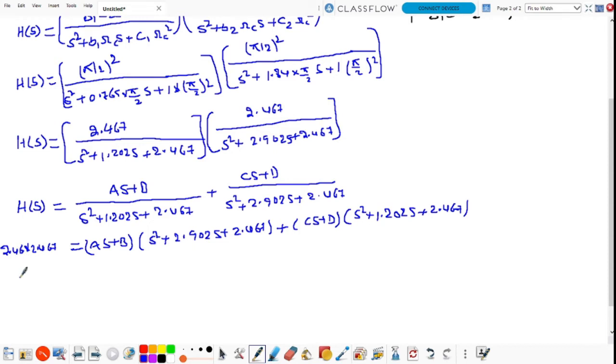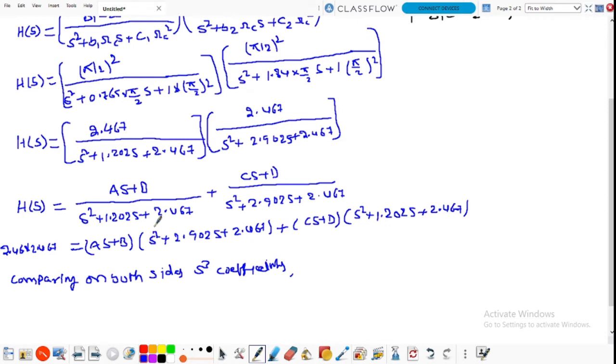Comparing on both sides, S cube coefficients. On LHS side, there is no S cube coefficient.